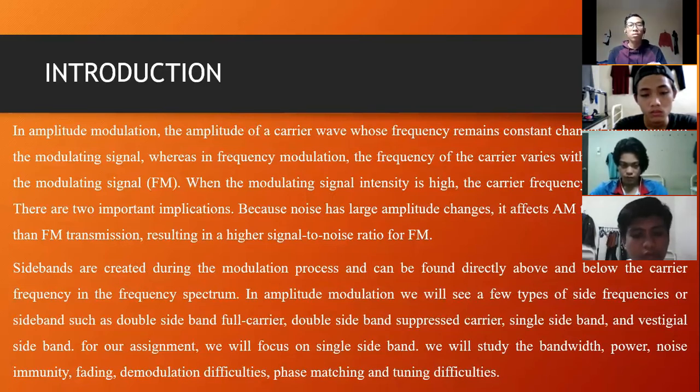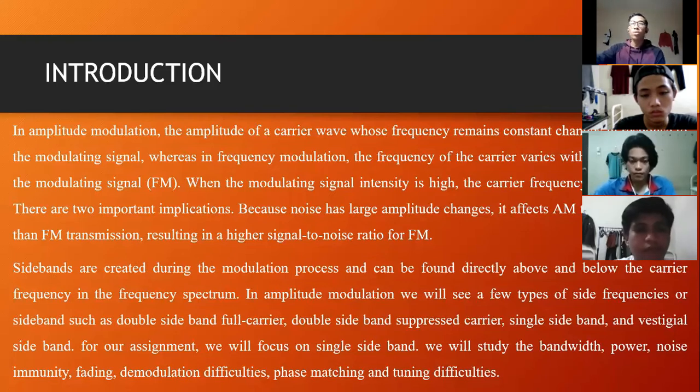For our assignment, we will focus on single sideband. We will study the bandwidth, power, noise immunity, fading, demodulation difficulties, phase matching, and tuning difficulties. That's for the introduction.